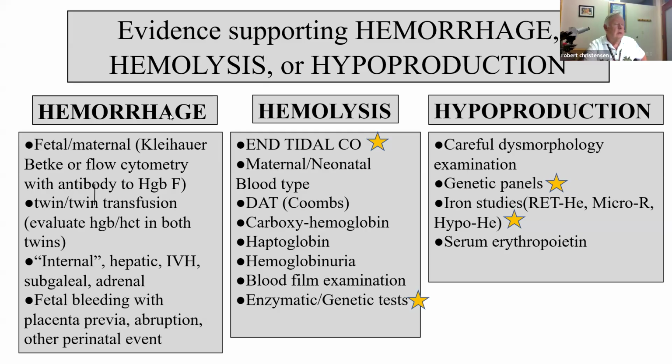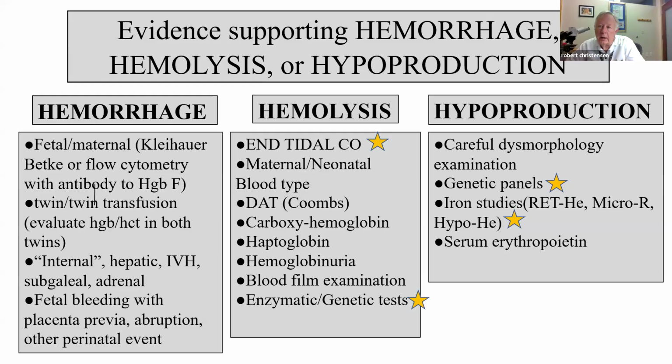For hemorrhagic anemia, we looked for evidence of blood loss into the mother's circulation with the Kleihauer-Betke or flow cytometry with antibody to hemoglobin F. We evaluated the possibility that these were twins with a twin-twin transfusion, had internal hemorrhage, fetal bleeding, any evidence of abruption or other perinatal event that would cause a blood loss.